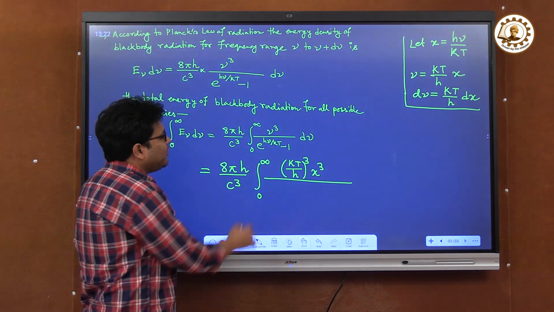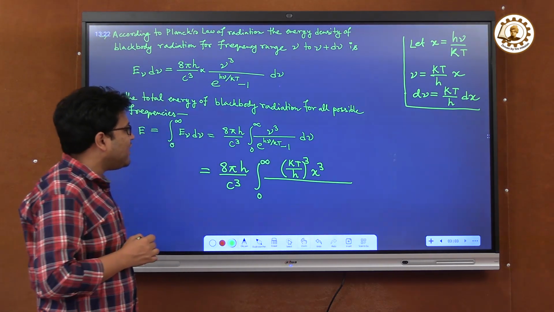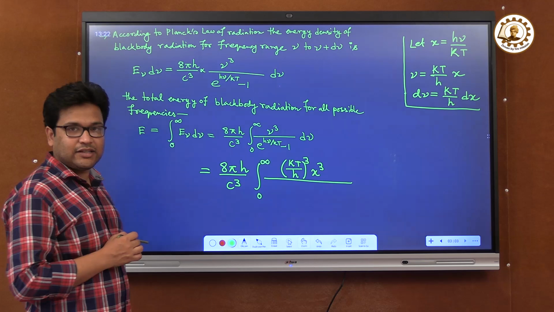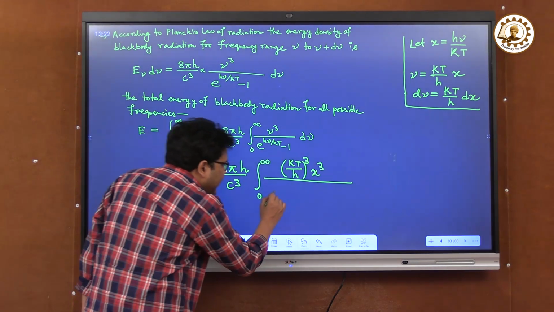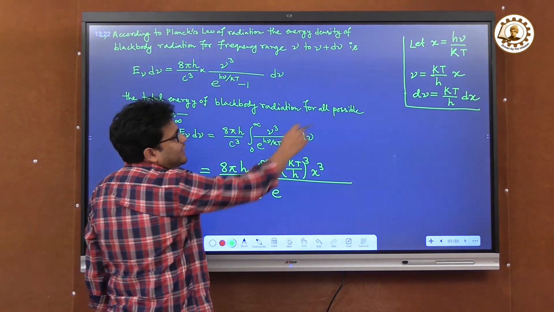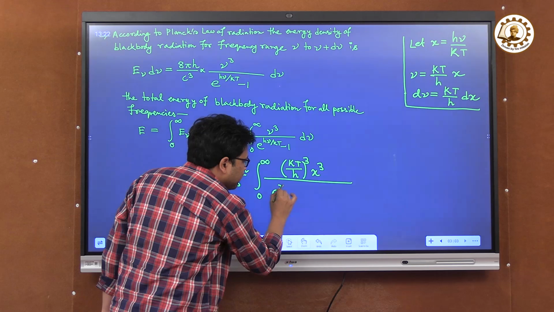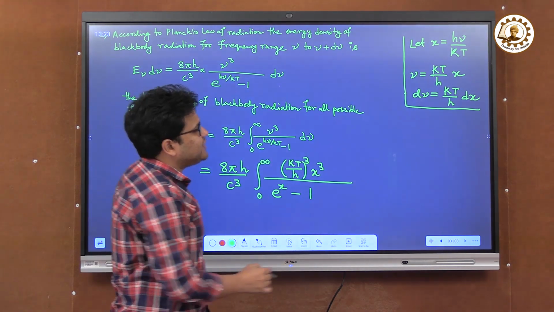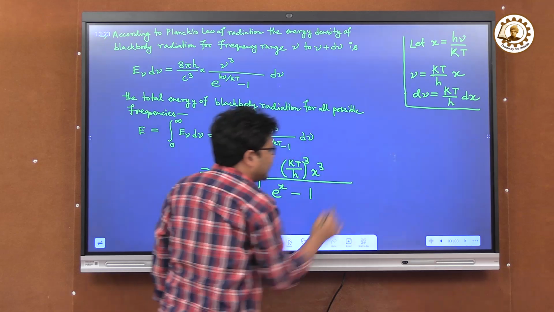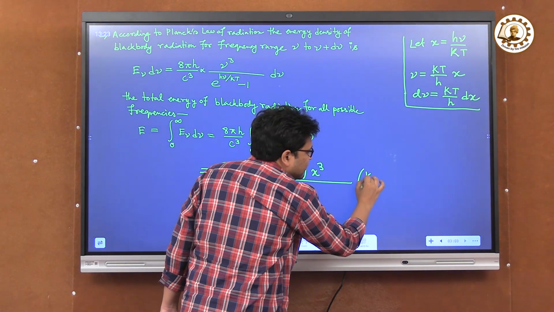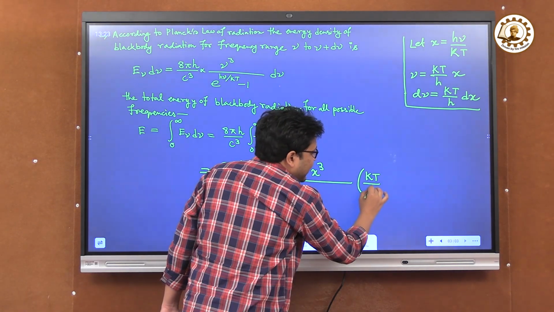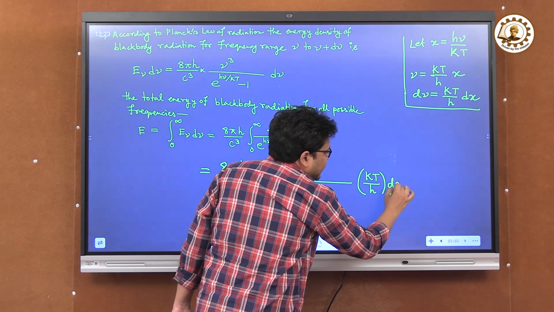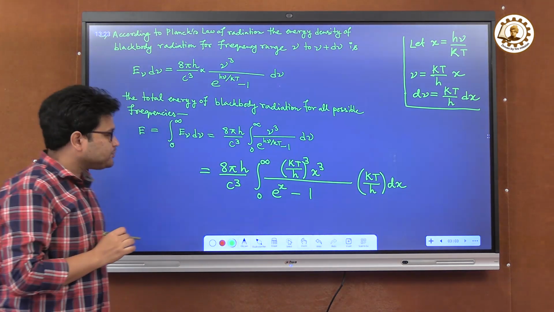Now what about the denominator? In the denominator we have e to the power h nu by kT minus 1. I am writing it as e to the power x minus 1. Now this d nu is nothing but kT by h into dx. Clear?